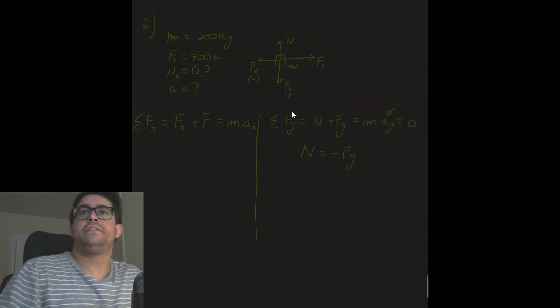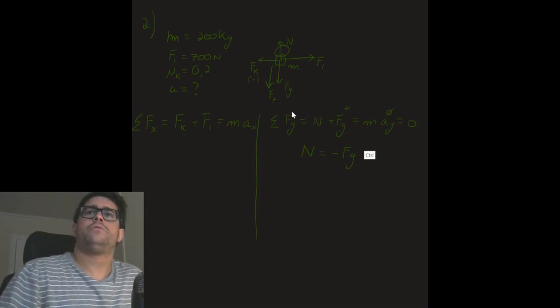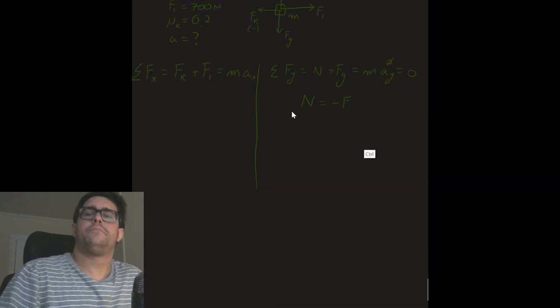There could be someone sitting on this mass making another force in Y, right? And then you would have to add that force here, and you would then add it here. So you can see how it's still useful to sum it up to get the real situation. We're just having good habits.